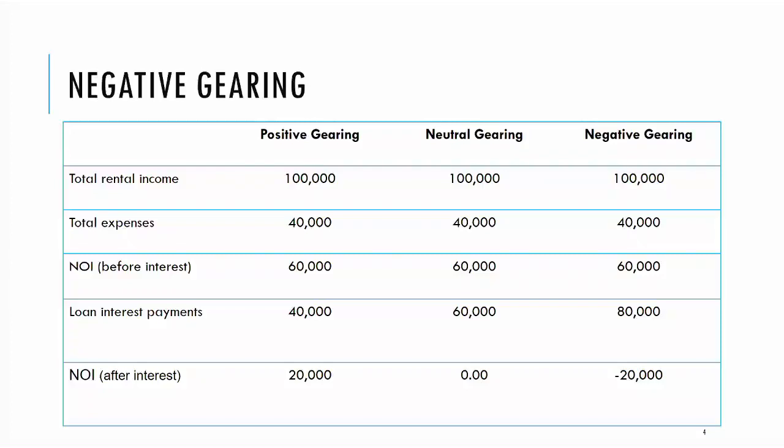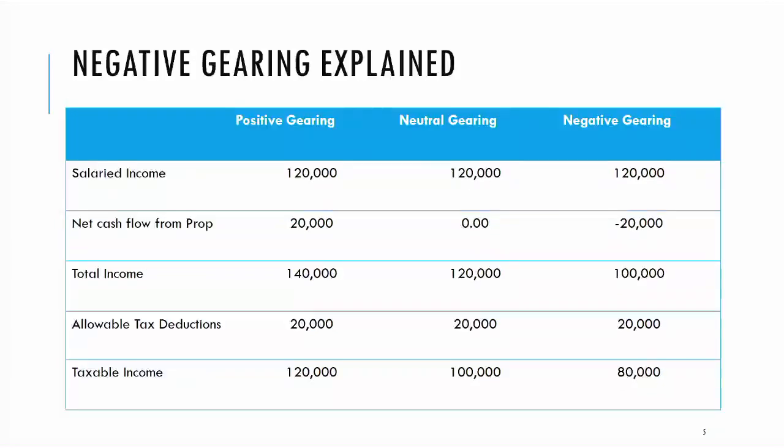So how will that negative gearing help you to pay less tax? We continue that example. If it is positive gearing, you have other incomes as well. That's your investment property. And say you have some other income, your main income, salary or some other income. Your total salary is 120,000.